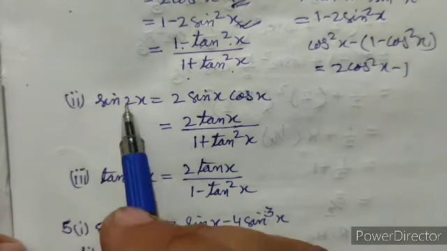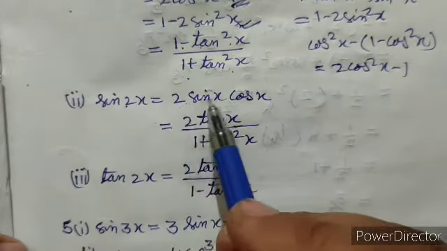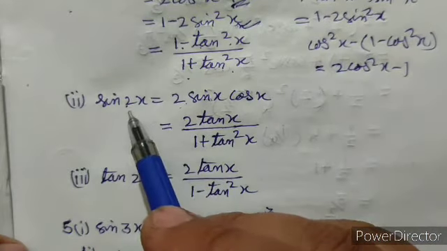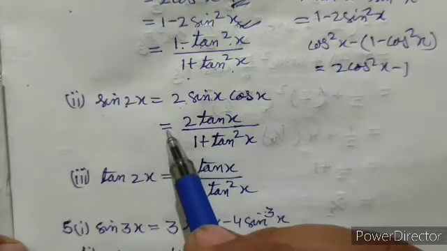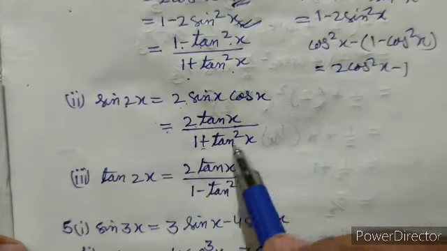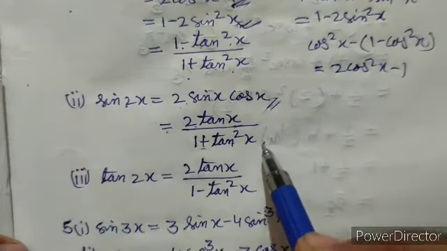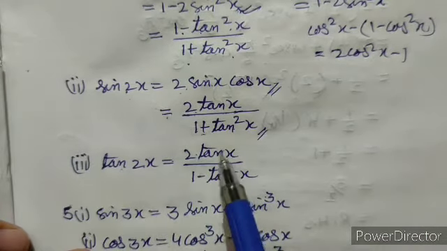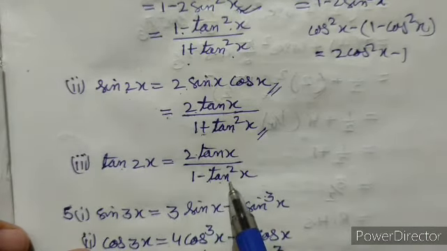Now sin 2x is equal to 2 sin x cos x, or it can be written in the form of tan x as 2 tan x upon 1 plus tan square x. Similarly, tan 2x will be equal to 2 tan x upon 1 minus tan square x.